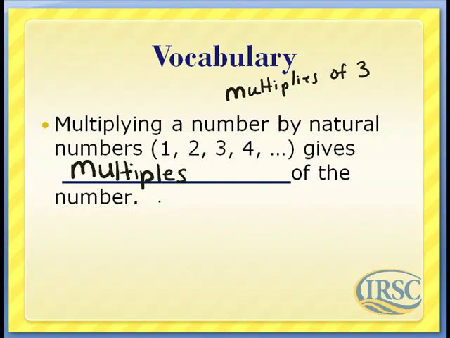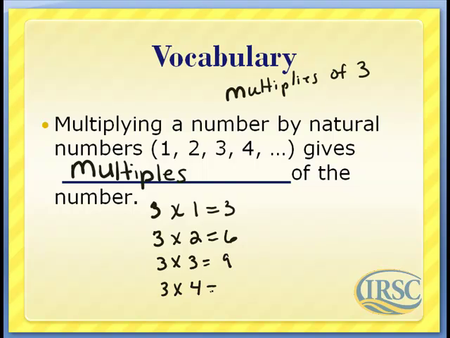To find multiples of 3, we take 3 and beginning with 1, 3 times 1 is 3. 3 times 2 is 6. 3 times 3 is 9. 3 times 4 is 12. 3 times 5 is 15. 3 times 6, we can keep going.